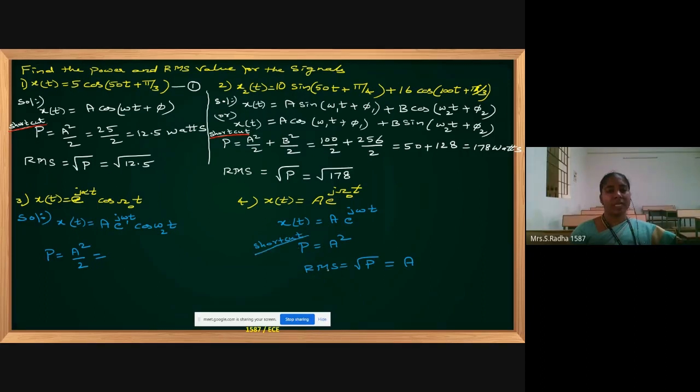From power, we have to calculate the RMS value. Because cosine is present, we have to take A square by 2 only in the first term. And here the multiplication is 1, so 1 by 2, and the RMS value, the square root of power, is nothing but 1 by root 2.